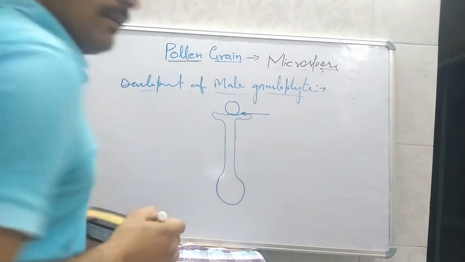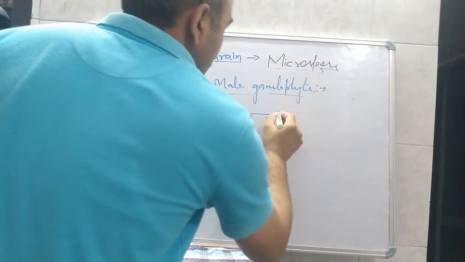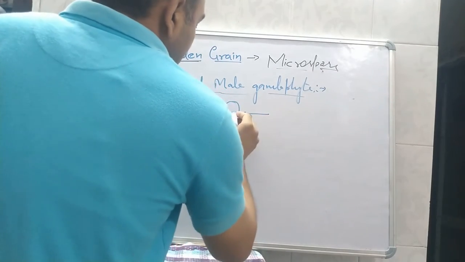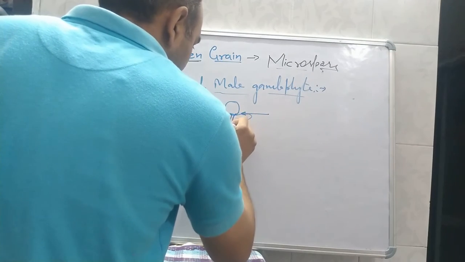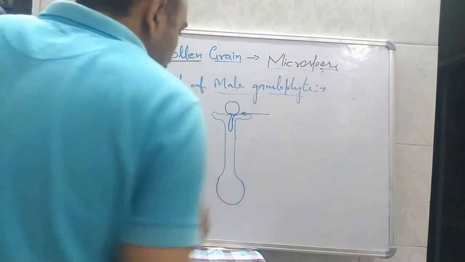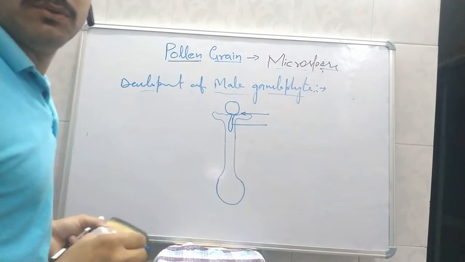The pollen grain, when they fall on the stigma of the flower, they absorb nutrition and water, and then this intine comes out from the germ furrow, and that leads to the formation of a tube-like structure, which is known as a pollen tube.